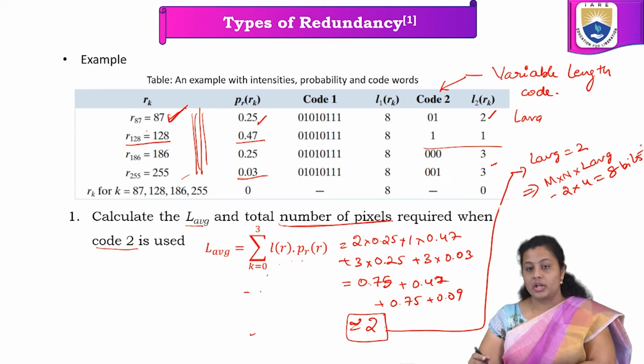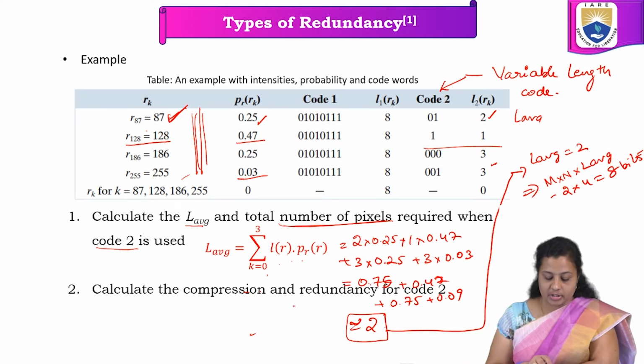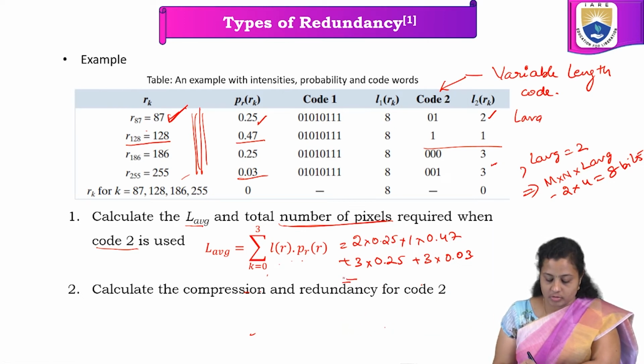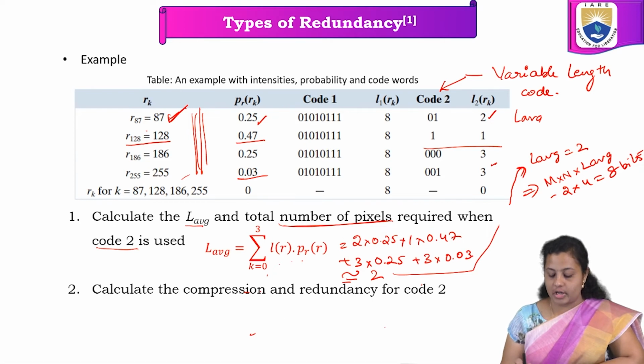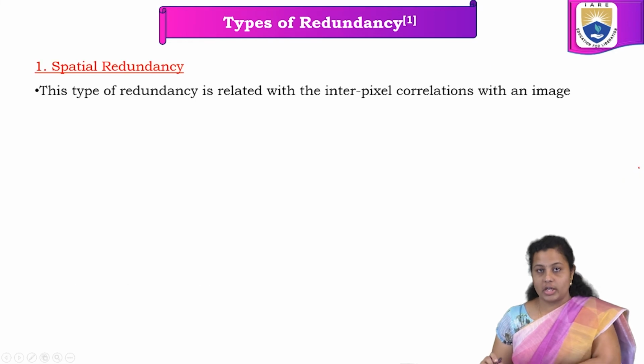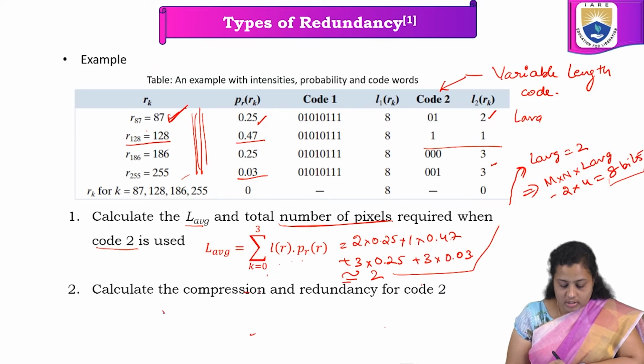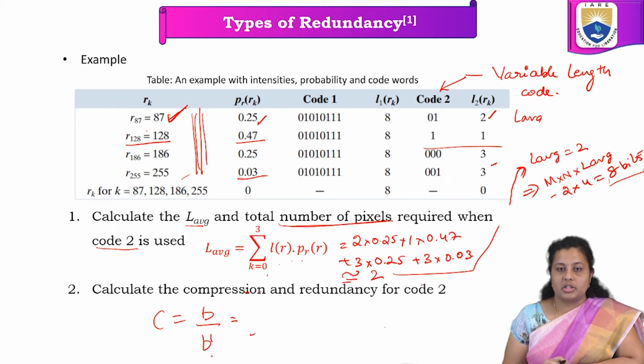Now let me calculate the compression ratio as well as the redundancy when code 2 was used. This value is approximately 2, and the total number of bits required is 8. How do we calculate the compression ratio? C is equal to B by B dash. B is the number of bits required using fixed length coding, that is 8.